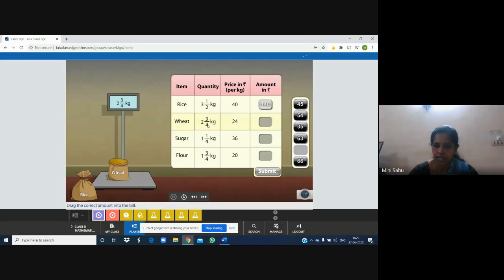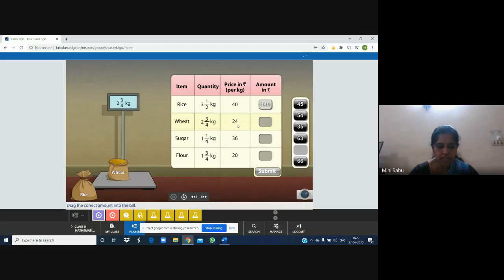I told you in such cases we have to find half and 1/4 and add. So if 1 kilogram is 24 rupees, half kilogram is 12 rupees. Then 1/4 kilogram, again half, 6 rupees. That means we have to add 48 plus 12 plus 6.